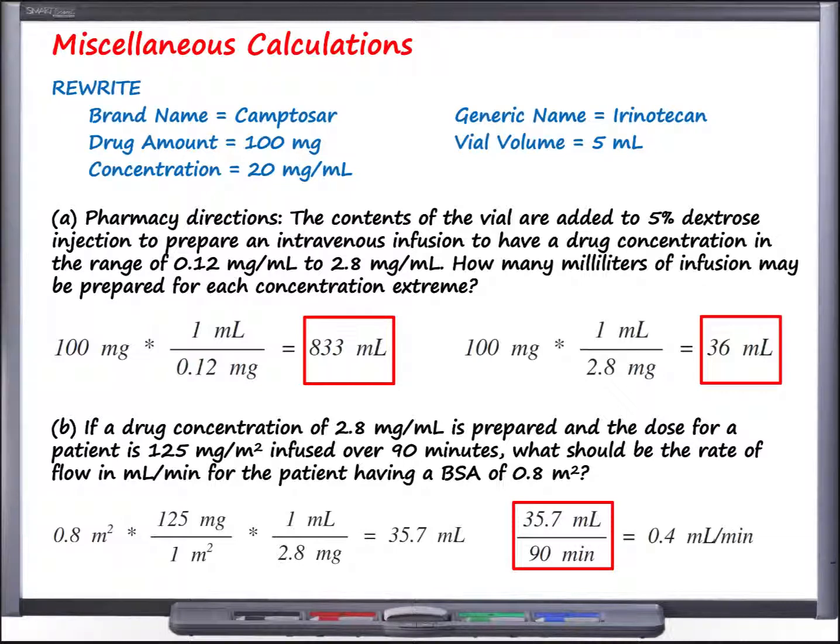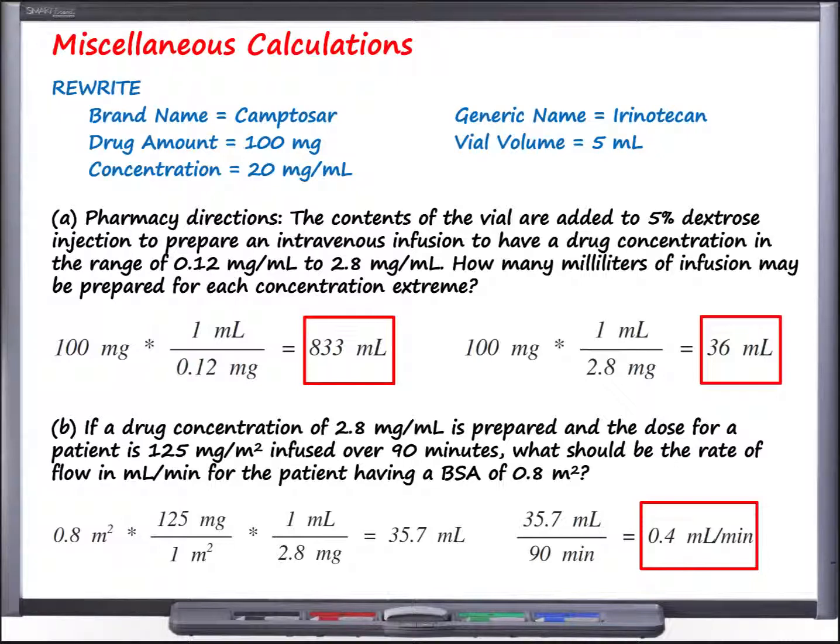So if we take 35.7 milliliters divided by 90 minutes, we would get a final answer of 0.4 milliliters per minute. So if we infuse our solution that contains 2.8 milligrams per mil at 0.4 milliliters per minute, and we do that for 90 minutes, we would provide the correct dose for this patient.